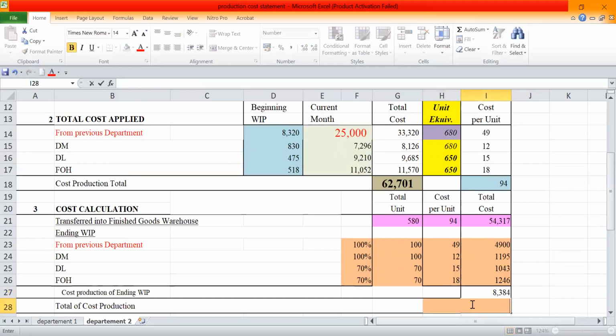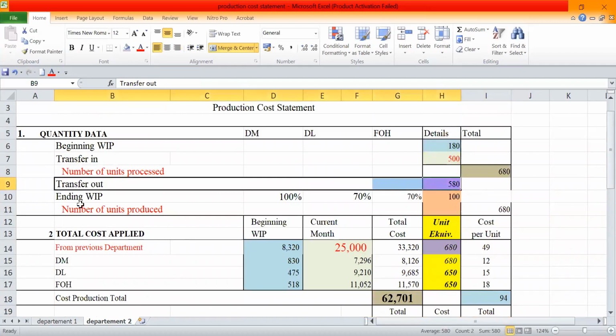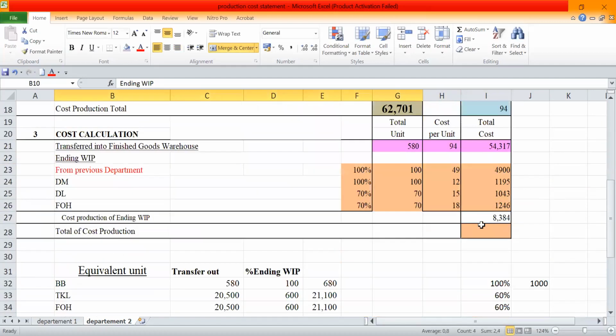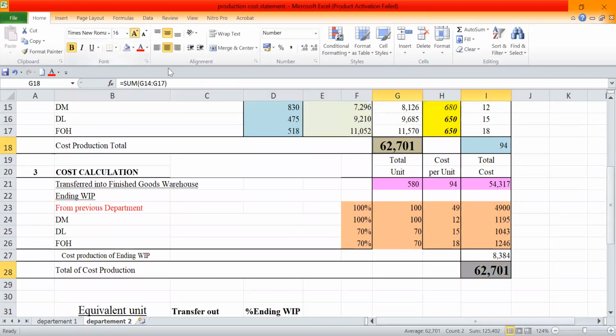And then for the total cost production between the transfer out unit and the ending work in process, we just add this number, the transfer into finished good warehouse cost, with the total cost of the ending work in process. Take a look. The numbers, remember, must be balanced.